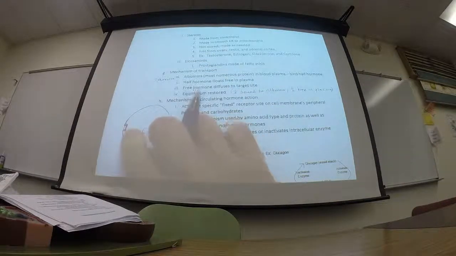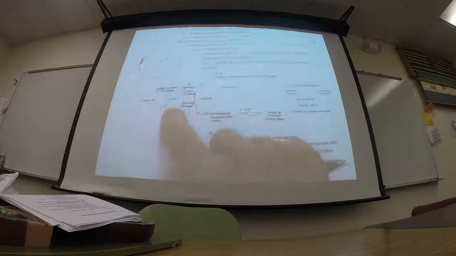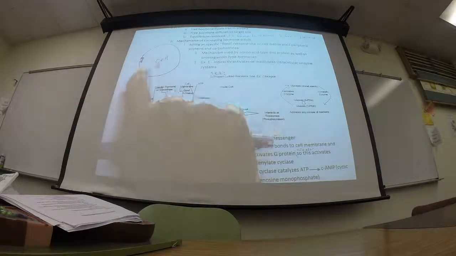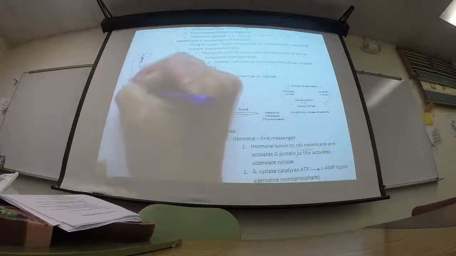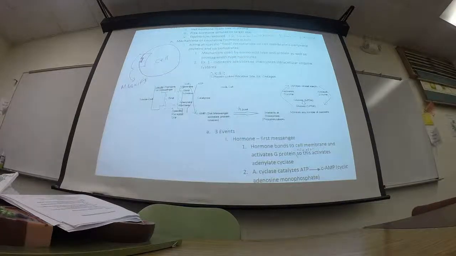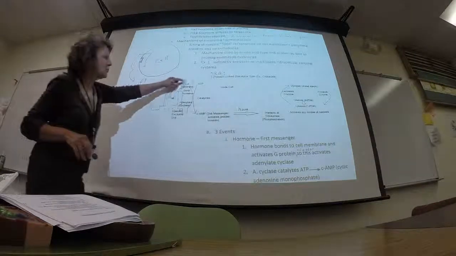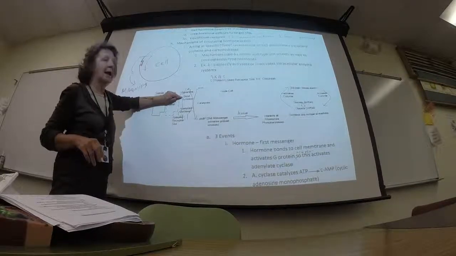That's one receptor site. So what I'm doing right down here on your handout sheet is I'm magnifying that little section of a cell membrane. And so here is your cell membrane. There is the rectangular receptor site I'm referring to.